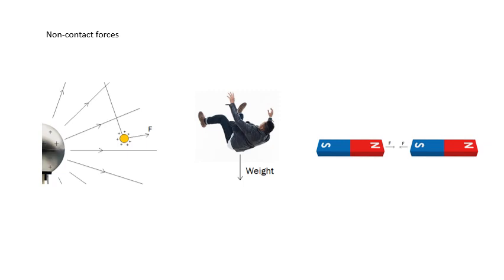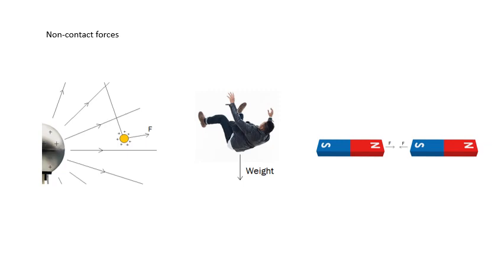To finish off this video, non-contact forces. Here are some examples of non-contact. Now, non-contact, as the name suggests, is when something experiences a force without touching something else. For example, this electrostatic force, this little positively charged ping pong ball, is being repelled because it's in this electric field.